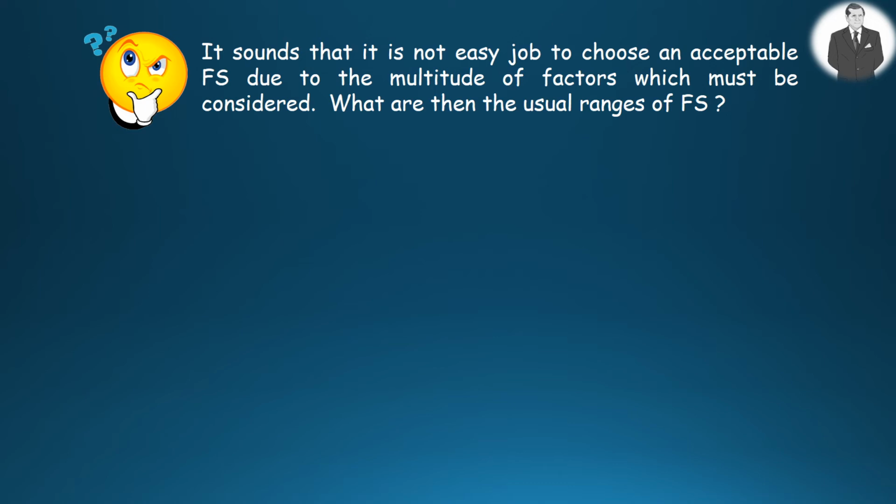It appears that it is not an easy task to adopt an acceptable factor of safety owing to the multitude of factors which must be taken into consideration. What are then the usual ranges of factor of safety?